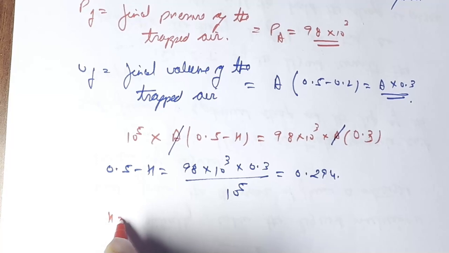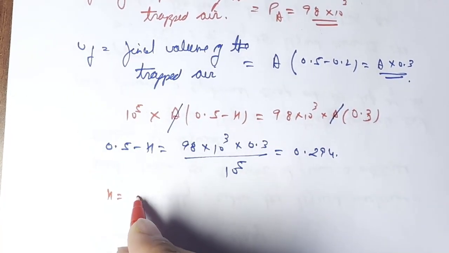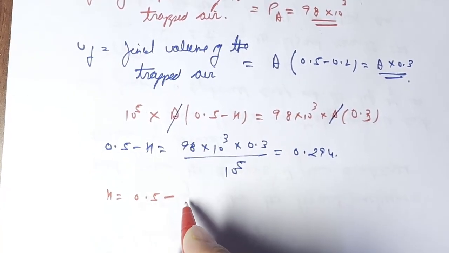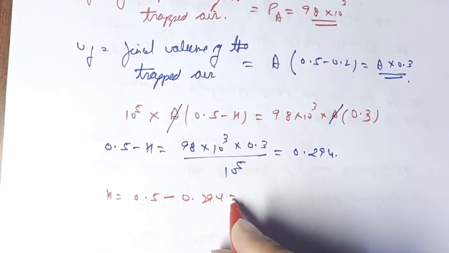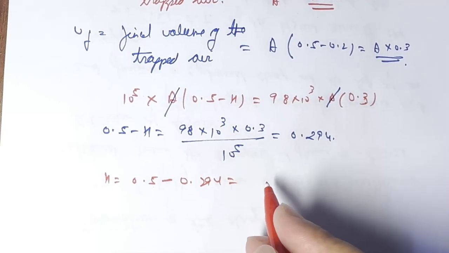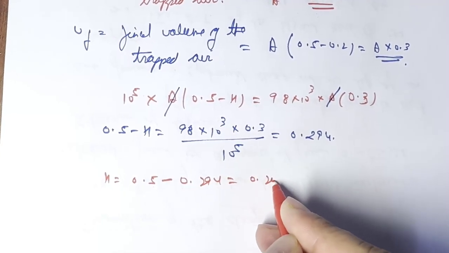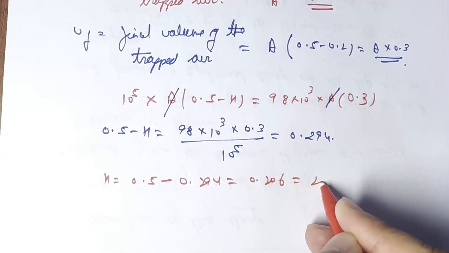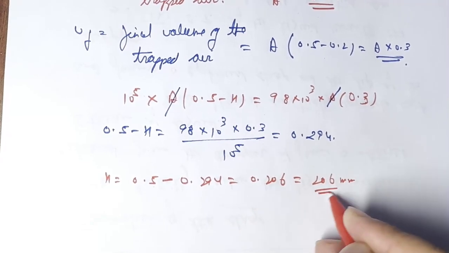So h is equal to 0.5 minus 0.294, which is 0.206, or 206 millimeter.